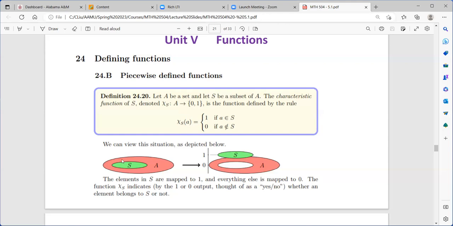So let's say we have a set A, and S is a subset of A.